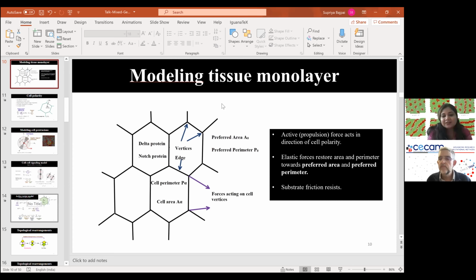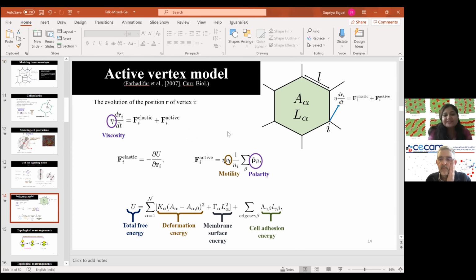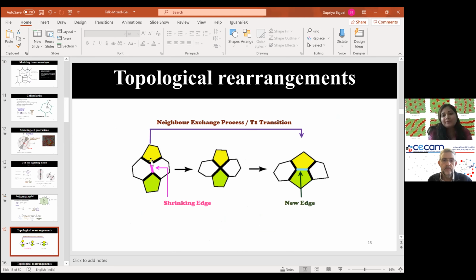The shape of the cell is decided by the shape index, that is the perimeter of the cell to the square root of area. This will decide which shape to take, starting from the hexagonal. If the shape index increases, then it will go to pentagon, or it can form a quadrilateral shape as well. It is also accompanied by these topological rearrangements. In order to change their shape, these rearrangements are a very important thing. Otherwise, if the cells cannot rearrange themselves, then they cannot move.